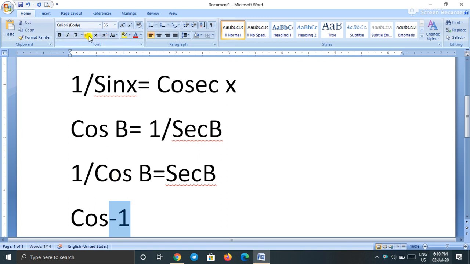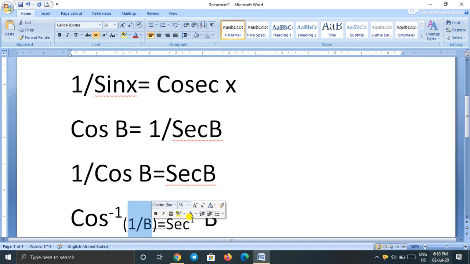So cos inverse 1 upon b is equal to sec inverse b, right? Only the variable is reversed. Here 1 upon b, here b, not the complete function.